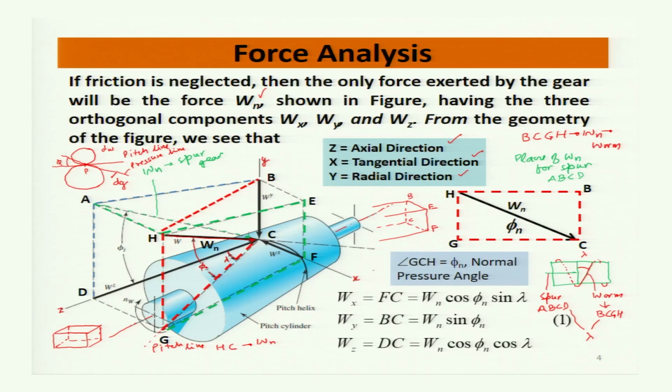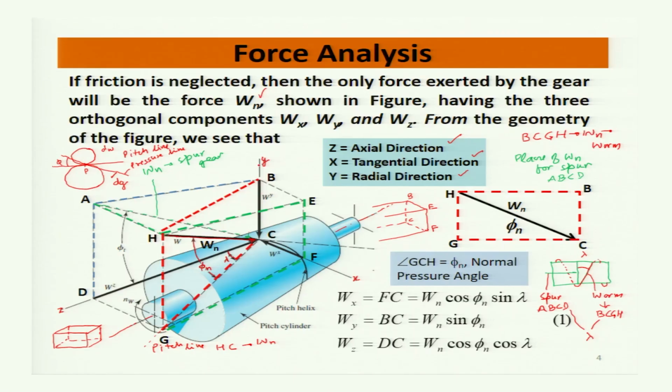Here a subscript n is taken because of the helical gear meshing with it, so the normal pressure angle is taken as phi n. So the angle HCG is phi n.